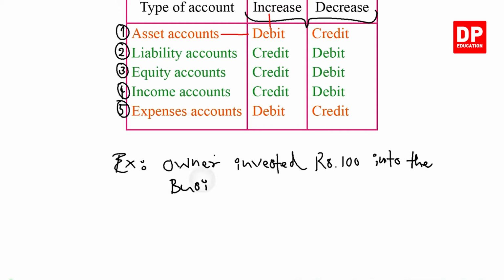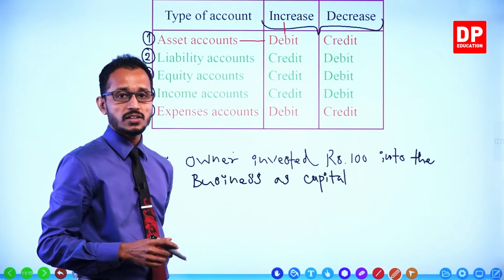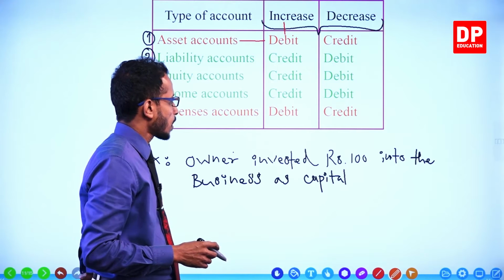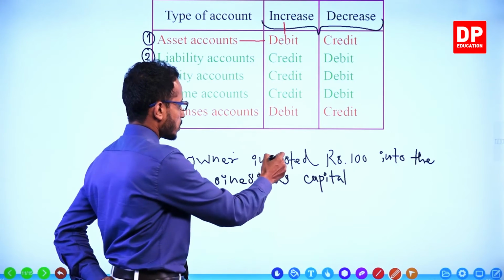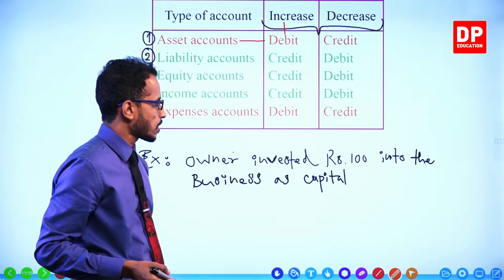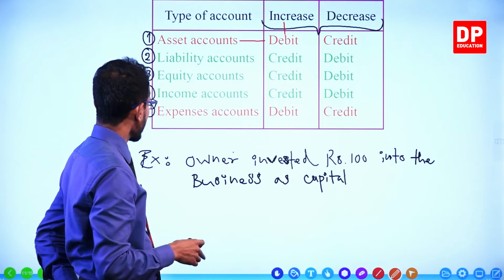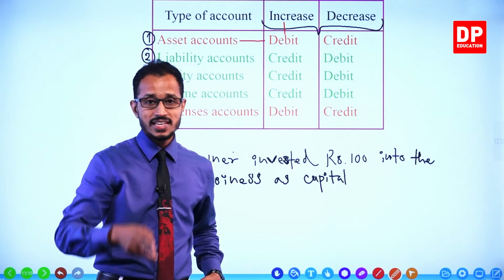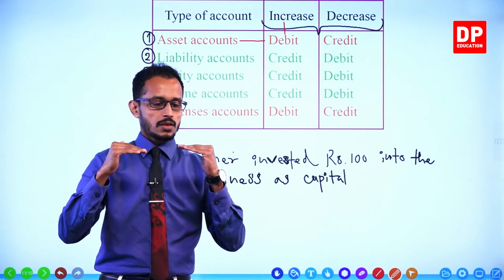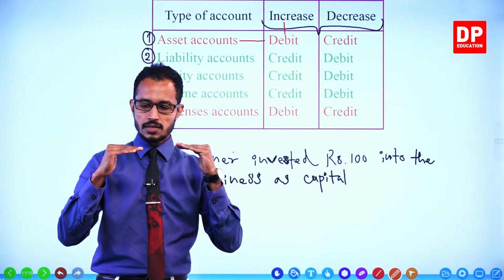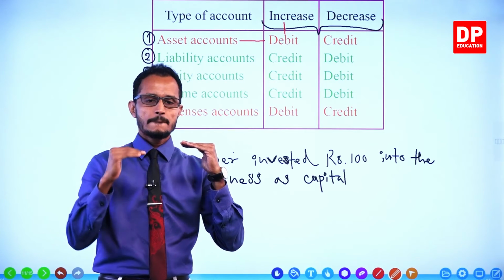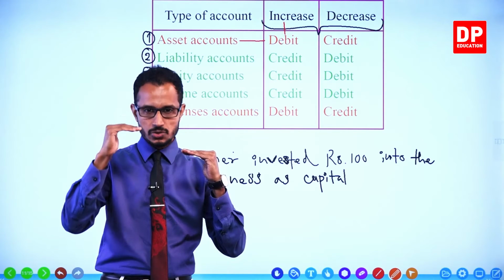If we take the same transaction, you already recorded one entry considering the assets, right? Considering the cash which came into the business, because the cash increased.